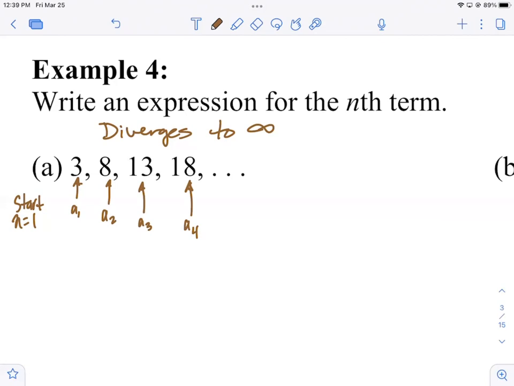23, right? And the one after that would be 28, right? So this one, all we're doing to get to the next term is adding 5, plus 5, plus 5, plus 5, plus 5. We call this an arithmetic sequence.